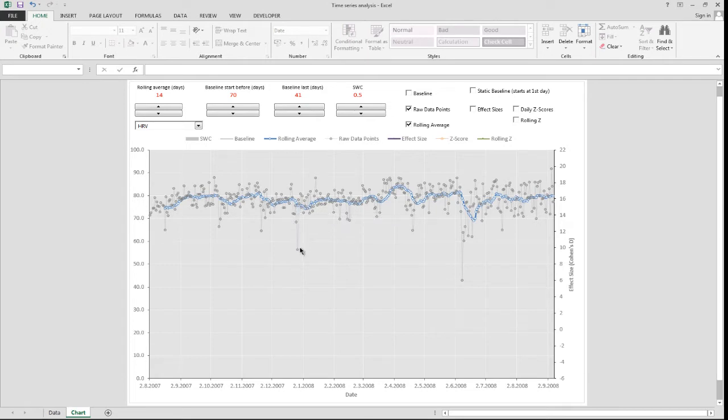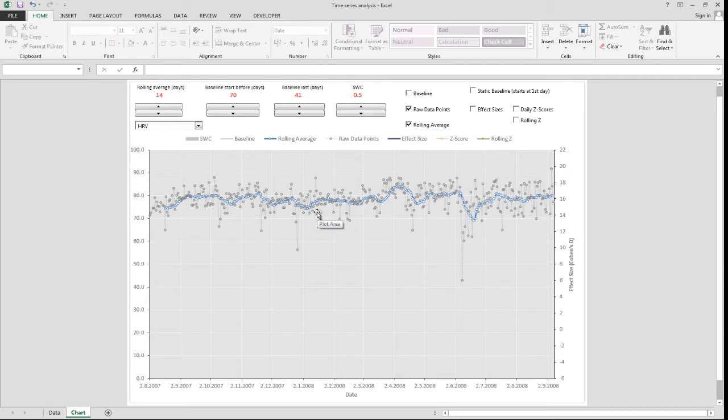So one way to analyze it is to get a basic difference between this data point and the rolling average. Or we can also use percent change. So it's the difference between these two divided by the baseline, in this case the rolling average.